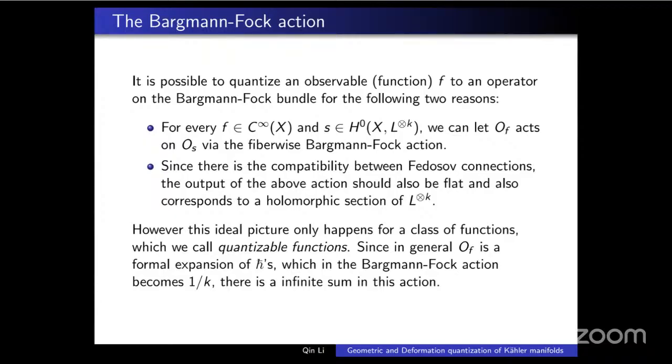For instance, in Kostant-Souriau's original picture, people also call that quantizable functions. But actually, there are too few of those functions. So here, what we define is a class where you have enough such functions, at least sheaf-theoretically.